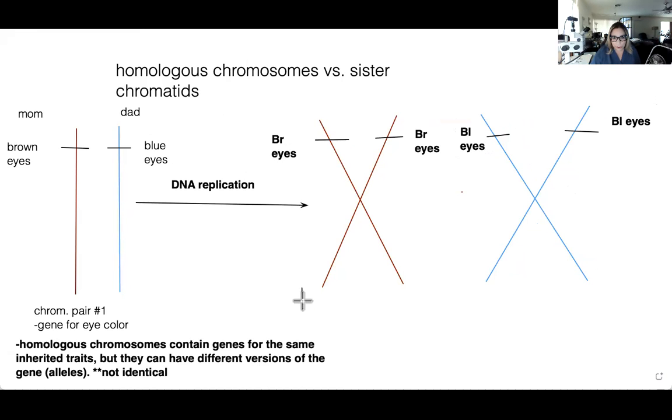So I'm going to draw this here. Okay, so that little bracket is showing you that those are sister chromatids. I'm going to write a little definition here in a second.